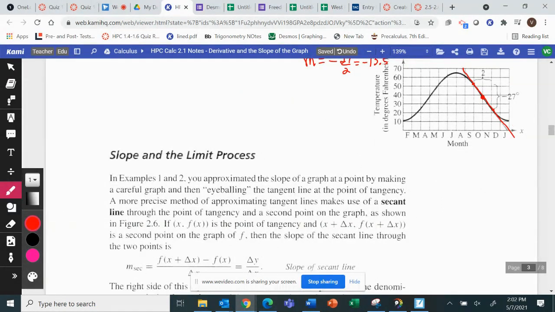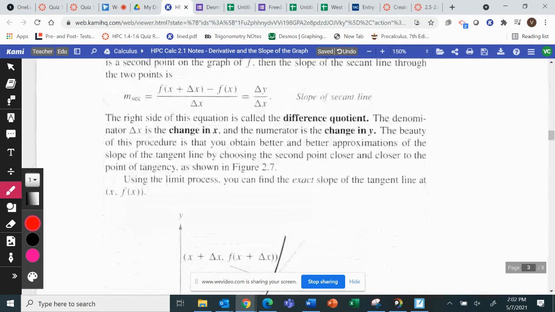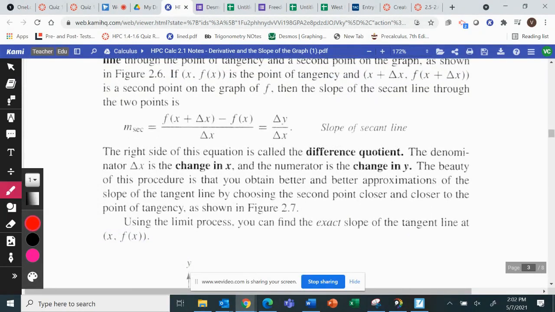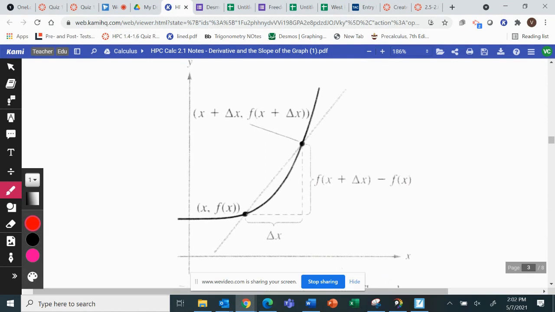So because it's not accurate, mathematicians had to play around with this to try to get something that is more accurate. I'm going to go through this crazy looking formula that you've probably seen a few times now in a second, but I'm just going to talk about this picture first.